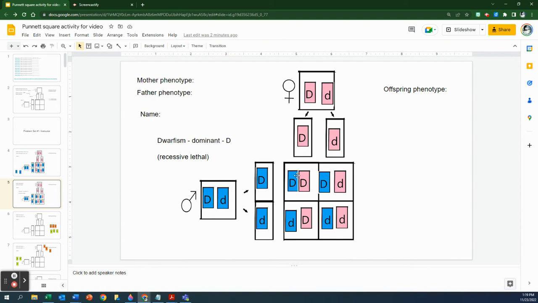And parents usually test for this. So if you are an achondroplastic dwarf and you are having a child with another achondroplastic dwarf, then it's a good idea to have genetic testing done on the embryo.